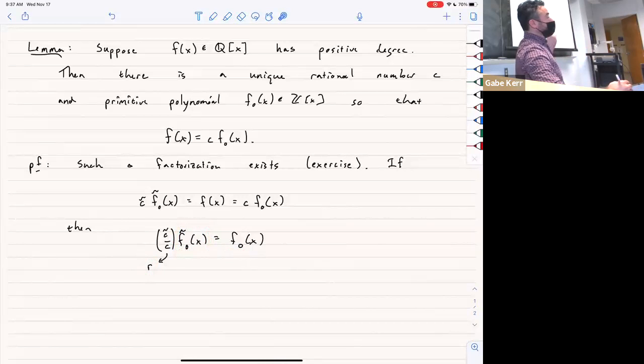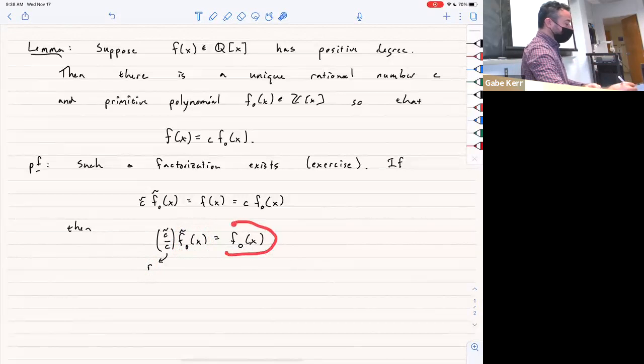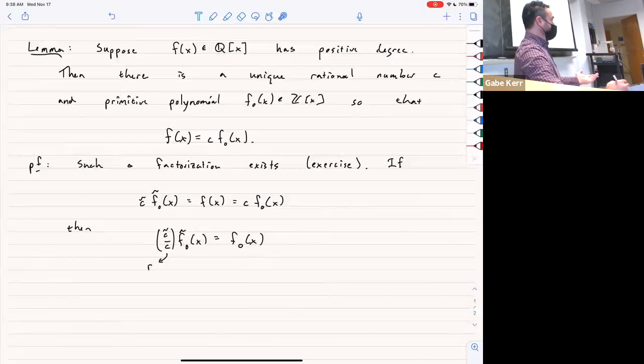But now if r has a numerator that's not 1, then we have a greatest common factor of all of the coefficients here. But that means the numerator of r is 1. Really, I should have said these should be plus or minus 1. But since the leading coefficients of these are both positive, we actually know it's plus 1.